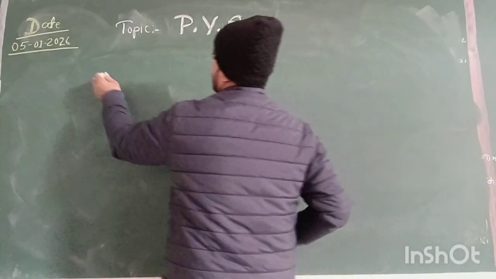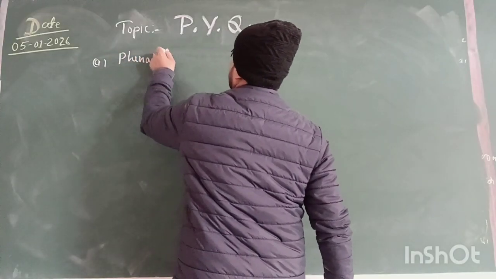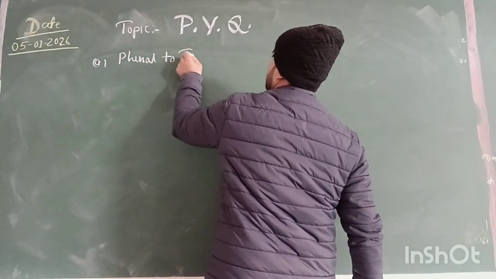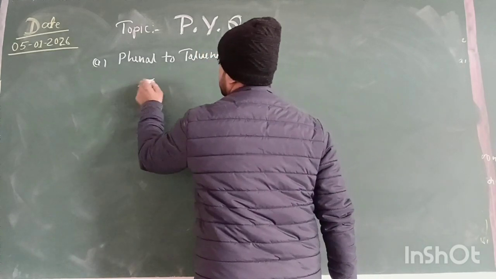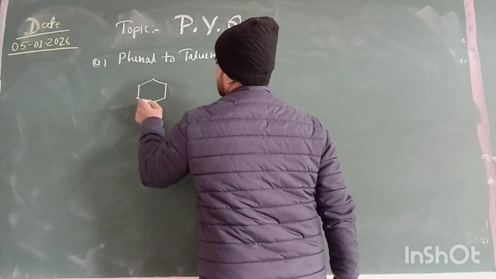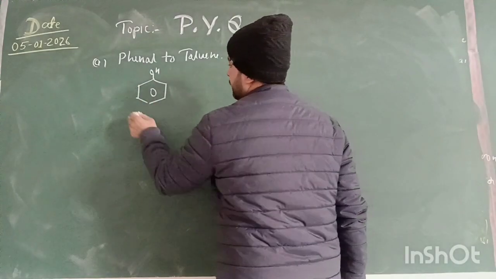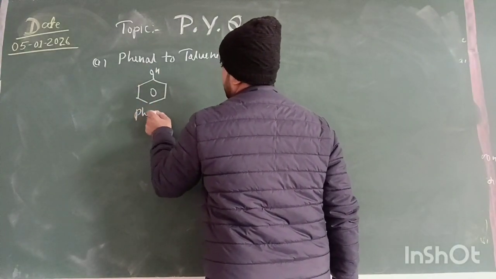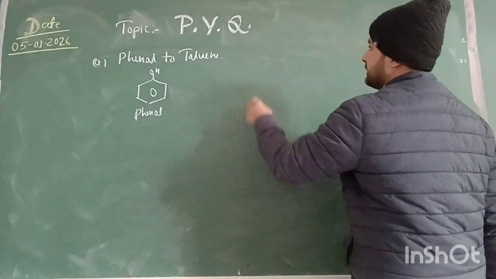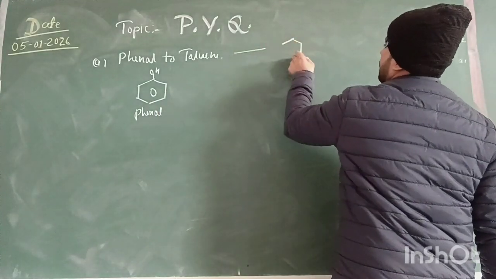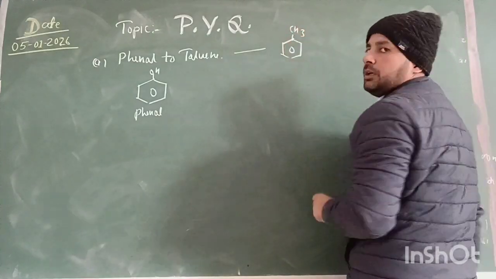Phenol to toluene. So phenol structure, I think you all know. Phenol is this. After putting an OH group on the benzene ring, it is called phenol. So first of all, we have to convert it into toluene. Toluene is this one. When we put a CH3 group on the benzene ring, it is called toluene.